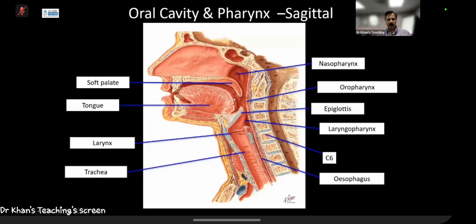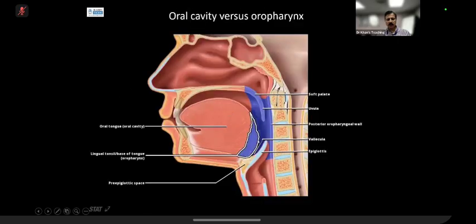This portion of the tongue, which is projecting posteriorly, is known as the tongue base. This is the portion which is part of the oropharynx. The tongue has two portions. One is the oral tongue, and this is the base of the tongue, which is part of the oropharynx.